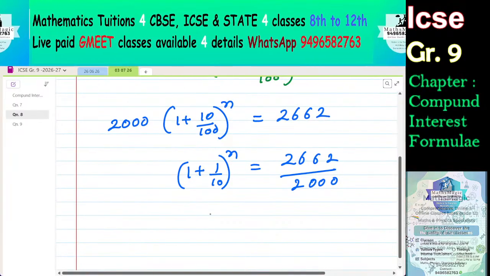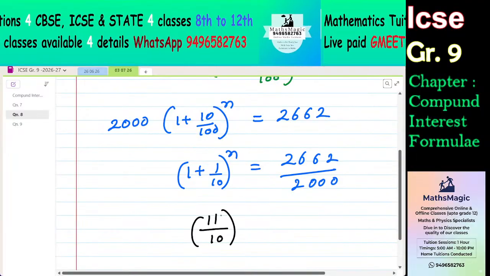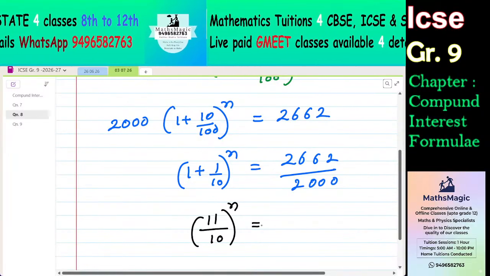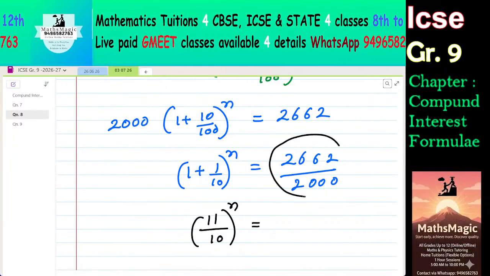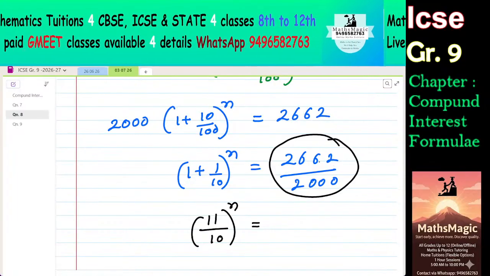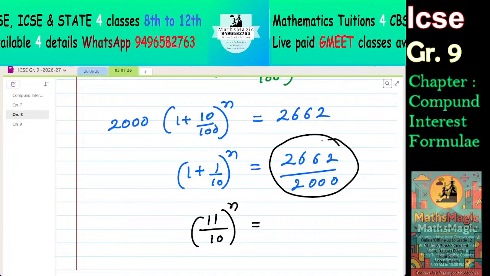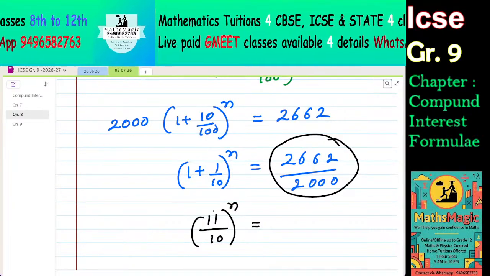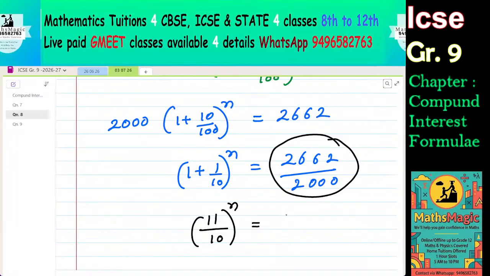We will get the fraction (11/10)^n, right? So your focus should be to somehow find 11/10 here in this circled one, or multiples of 11/10. Then only you can equate the exponent and you will get the value.